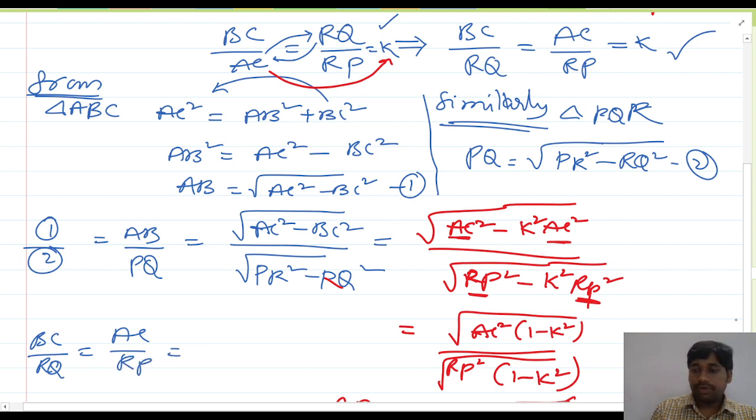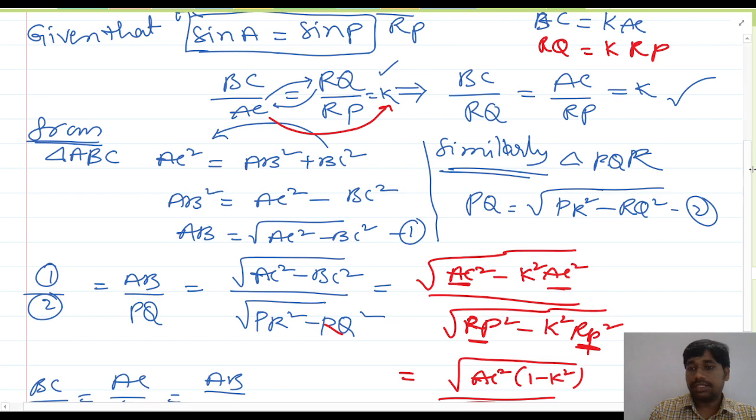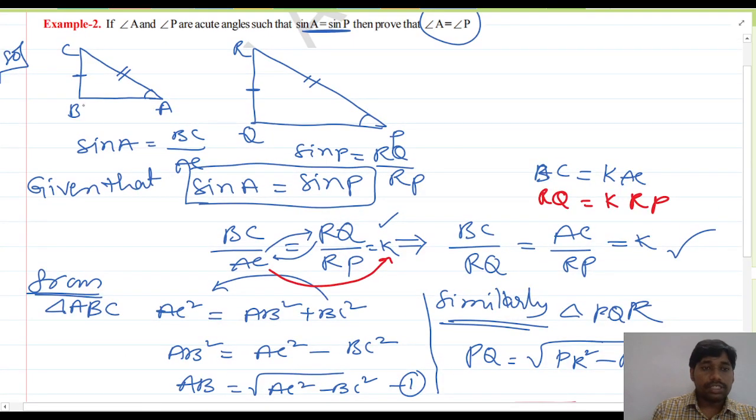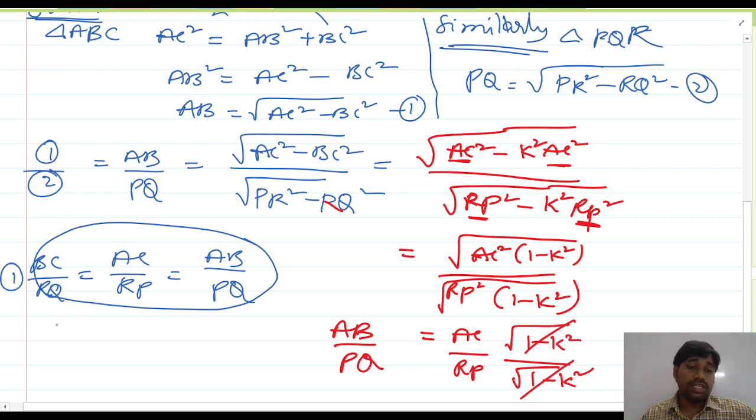Now we got one more relation, AB by PQ. So the third ratio is also equal, meaning all three corresponding side ratios are equal. If three side ratios are equal for two triangles, then the corresponding angles are also equal.